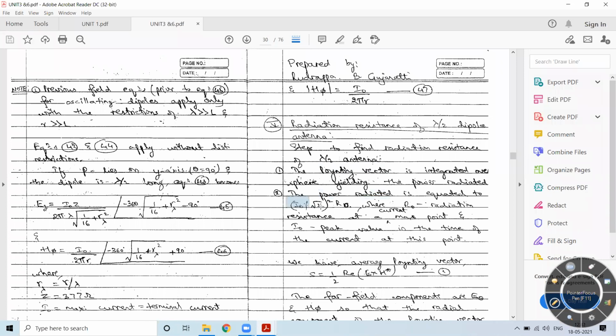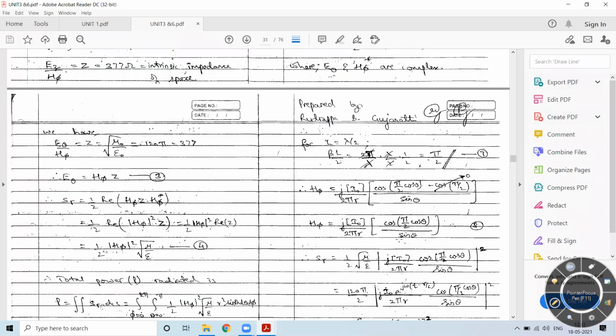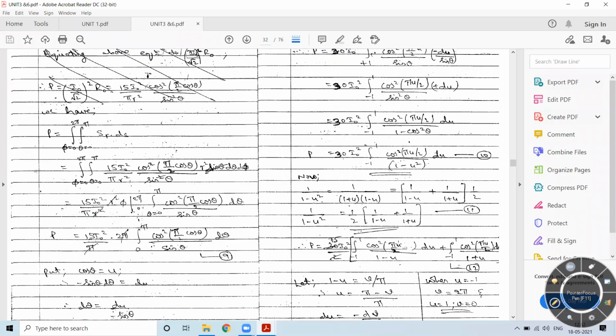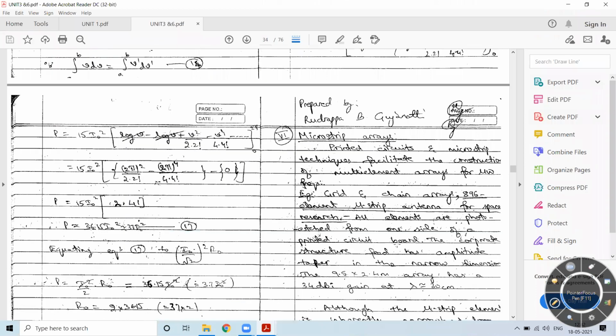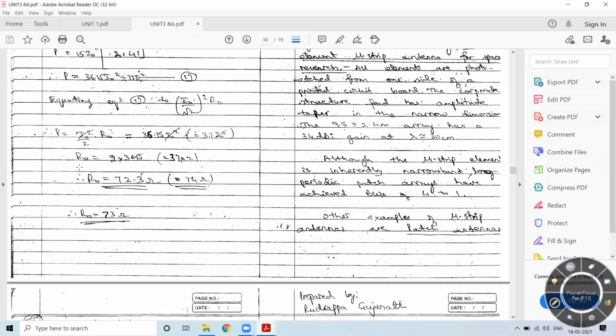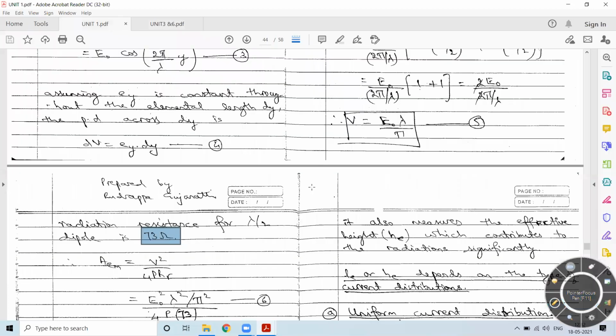When you simplify this, after the assumptions, you end up with the value of R naught nearly equal to 72.3 ohms or 73 ohms, as we mentioned. For the time being, we consider the radiation resistance of the lambda by 2 dipole as 73 ohms.